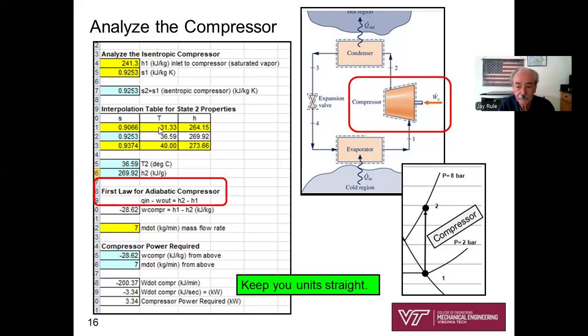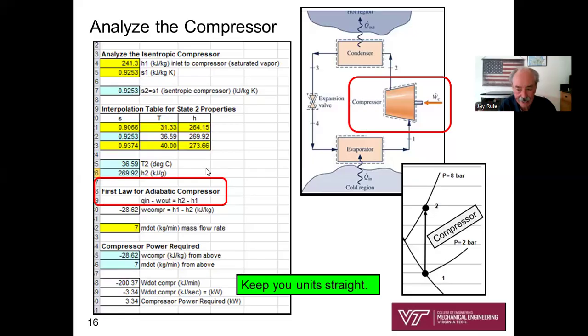And then we wrote down the temperature entries, sat, 31.33, 40. Get a little extra credit for that. But what we really need is H. So we wrote down our straddling H values. You do your linear interpolation to get T2 is 36.59, and H2, what we really need, is 269.9 kilojoules per kilogram. Okay, great.